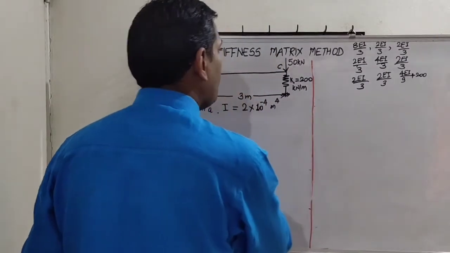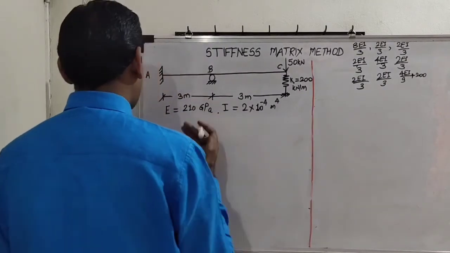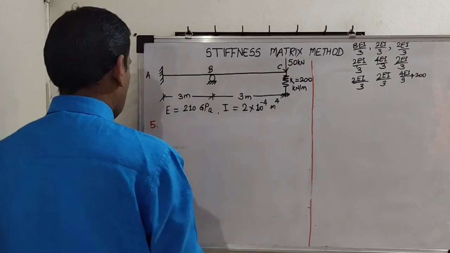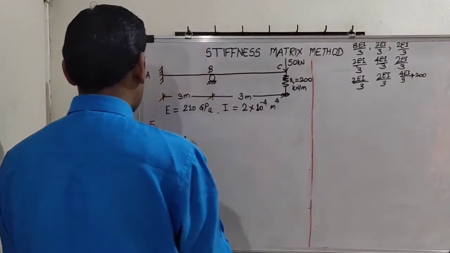So now step number 5 is our matrix equation. Okay. So what is the matrix equation?